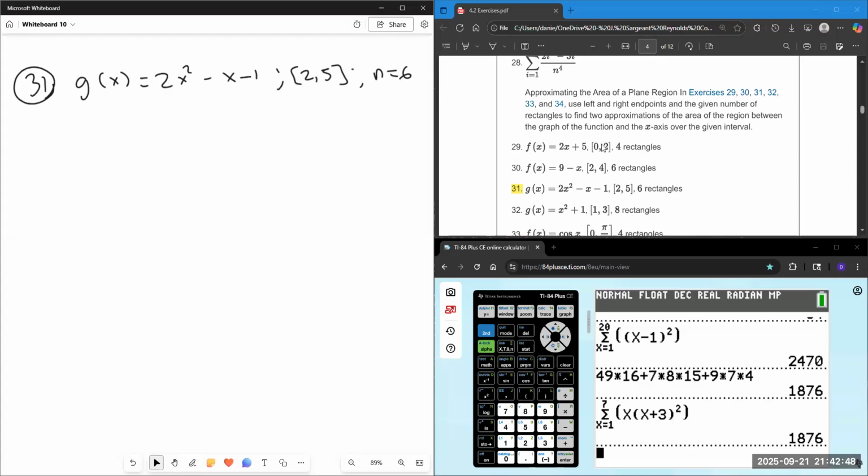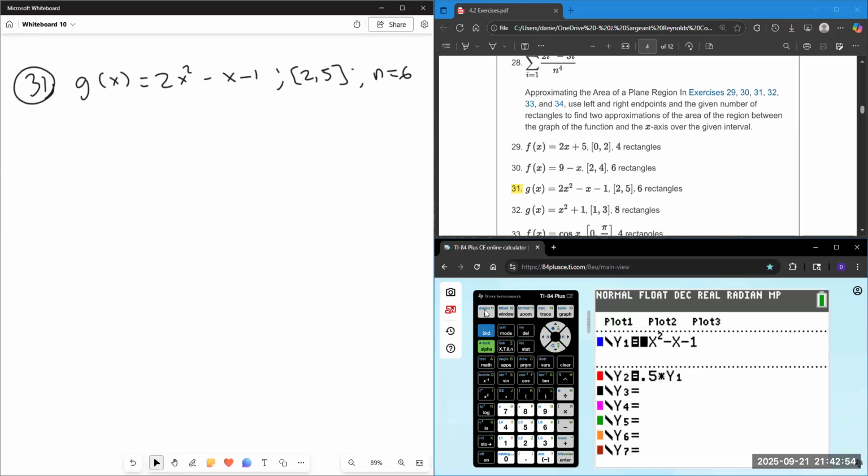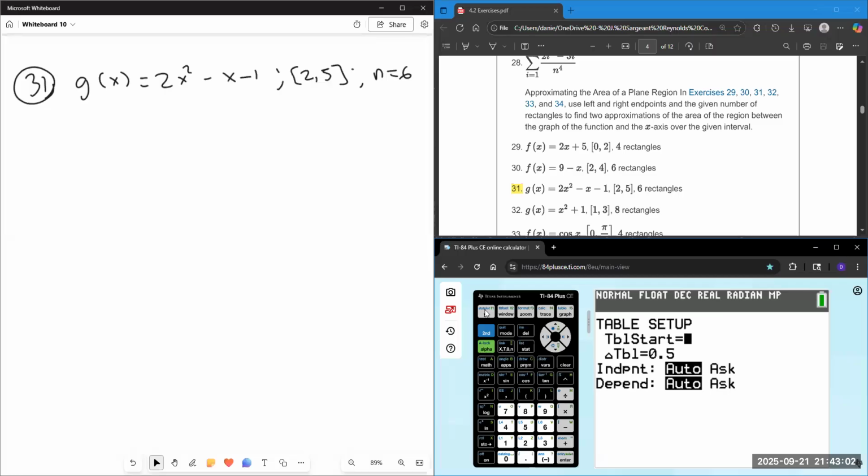So let's go ahead and use the calculator to help us here. y equals 2x squared minus x minus 1. I'm going to use my table setting to start at 2 and to increment by 0.5.